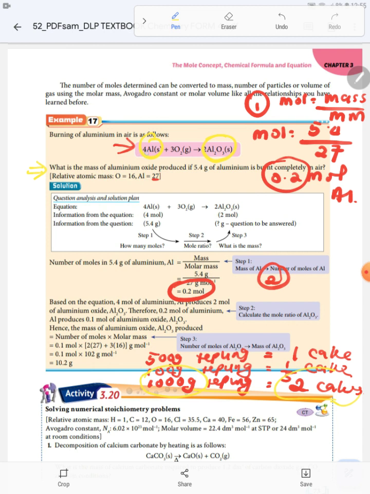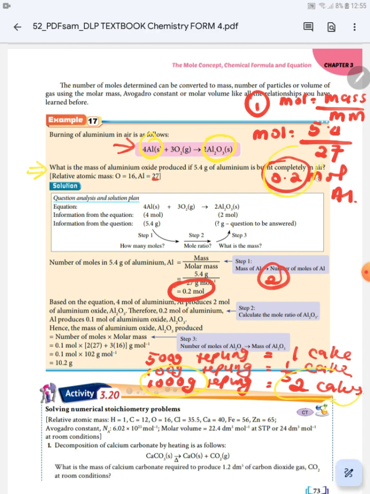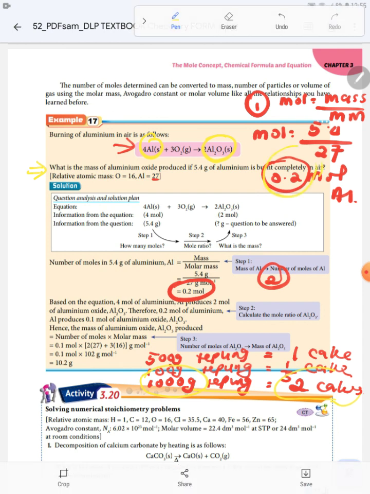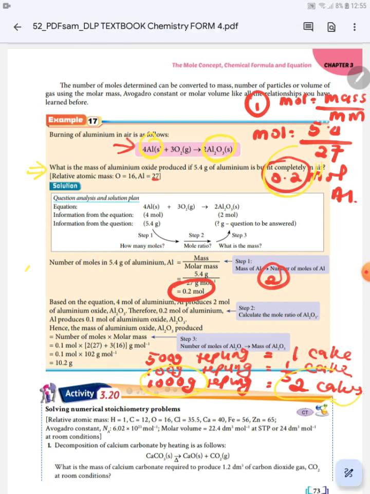Or 4 mole of aluminium, we produce 2 mole of aluminium oxide. Now we only have 0.2 mole of aluminium.